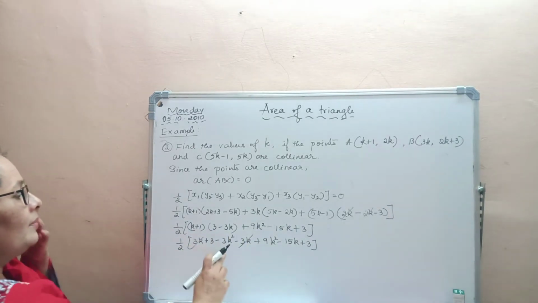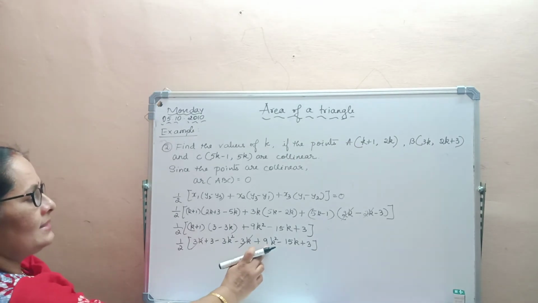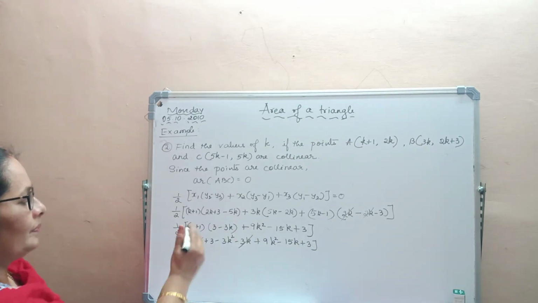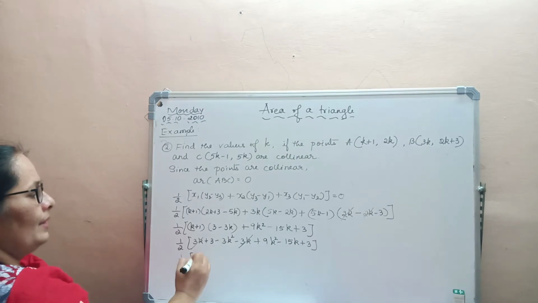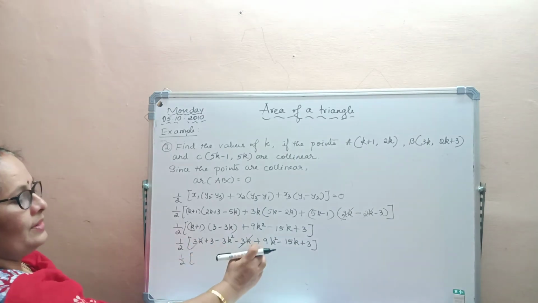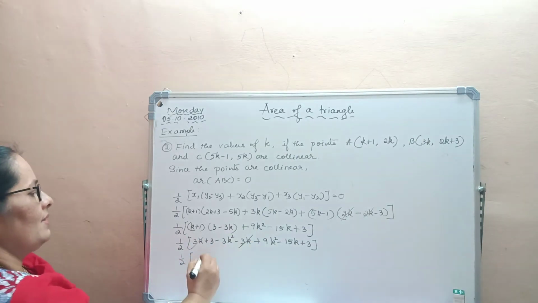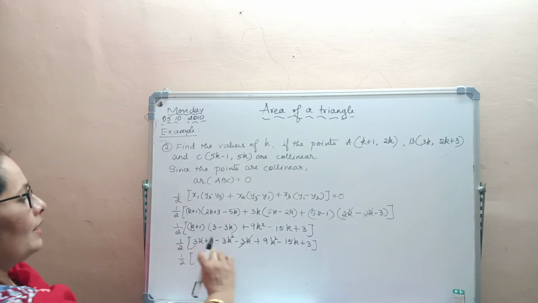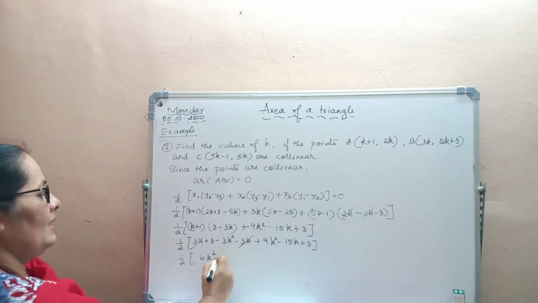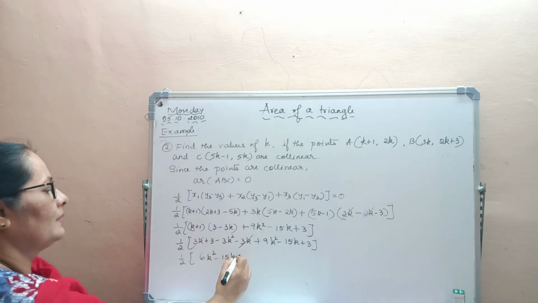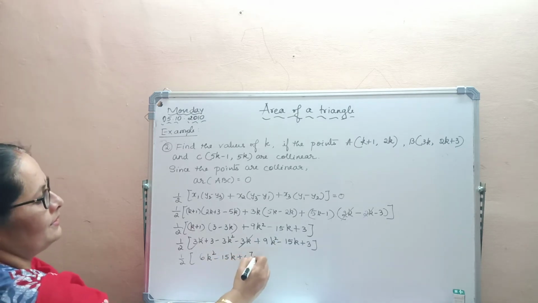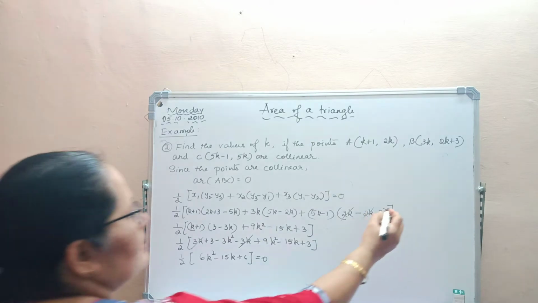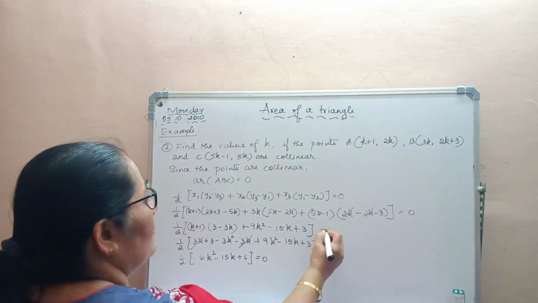Then minus 3k square plus 9k square is 6k square, minus 15k plus 6 equals 0. So this whole equation equals 0.